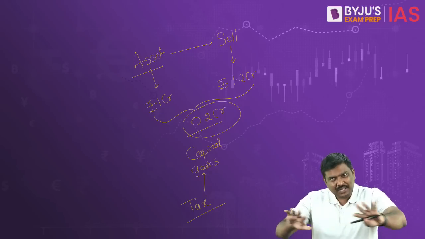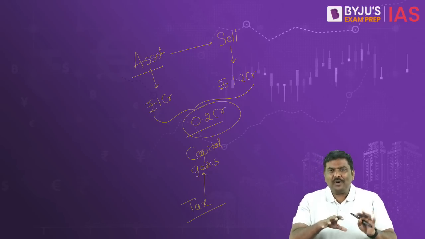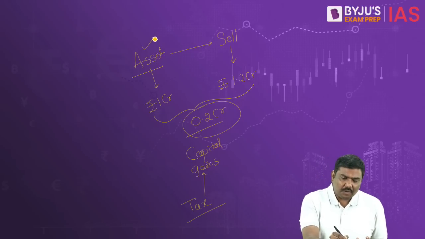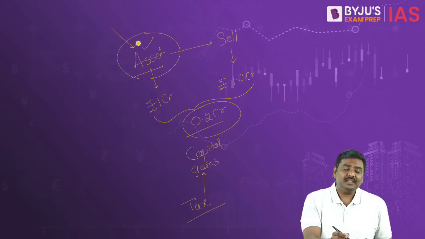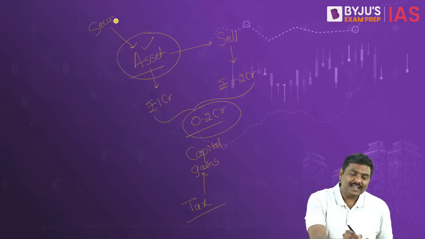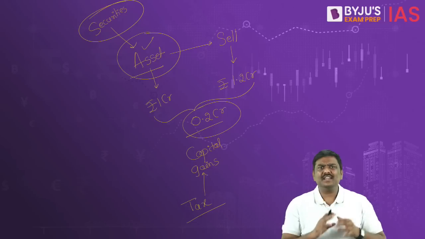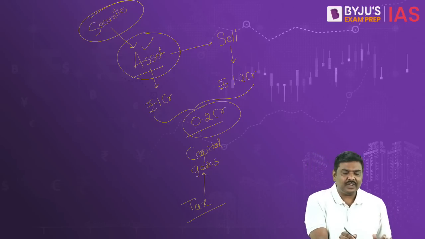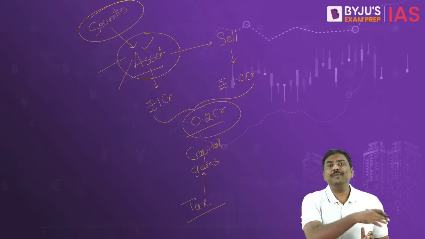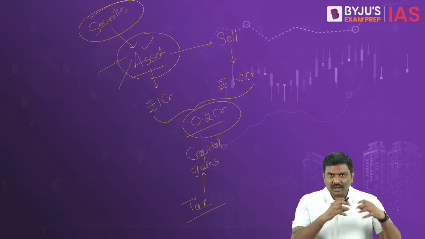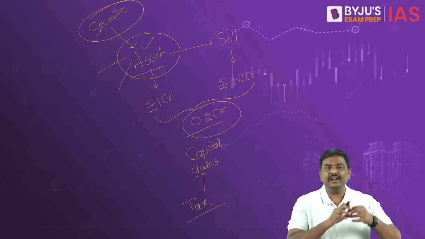Today, absolutely no. But come to the point here, even when you talk about securities, the securities are covered as a part of assets here. Securities are part of assets only. Assets are further divided into two types, movable and immovable. So one of these assets are securities.